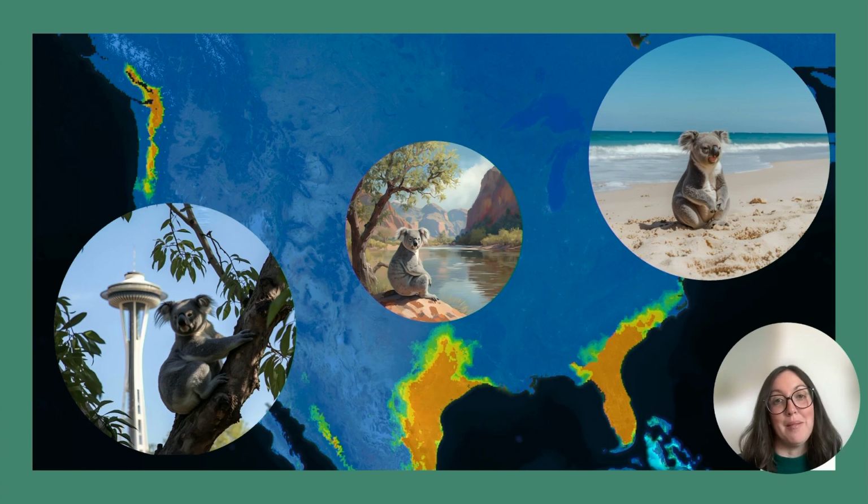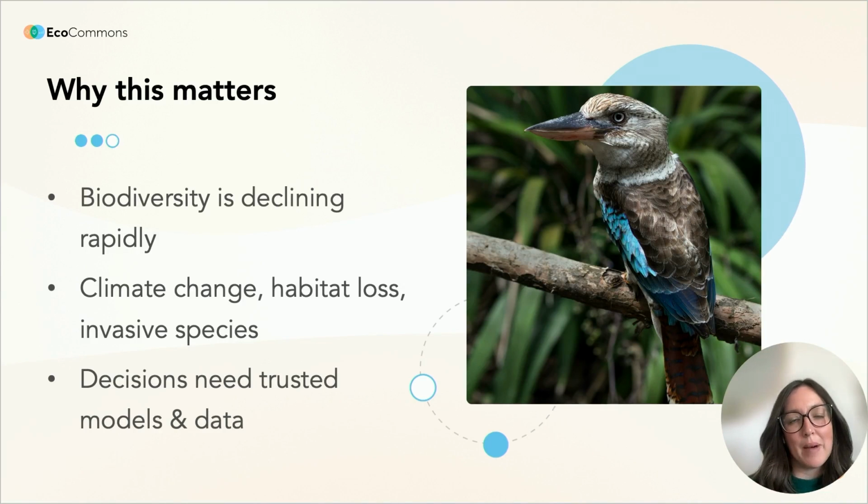And that's really important because in the real world, we're facing urgent biodiversity challenges, and those same tools are being used to guide conservation, land management, biodiversity, and climate planning. Which brings me to my next point, why this work really matters. Globally, biodiversity is unfortunately declining at a pace that we've never seen before. Here in Australia, we have one of the highest rates of mammal extinction in the world.